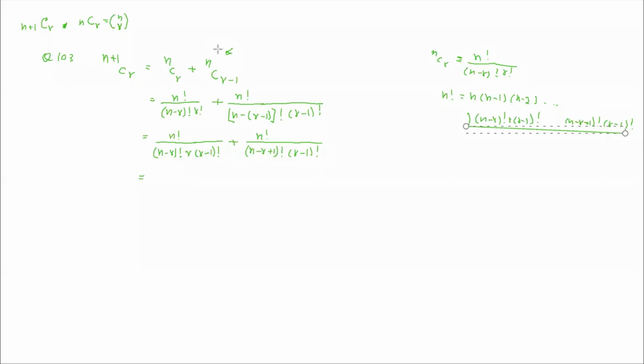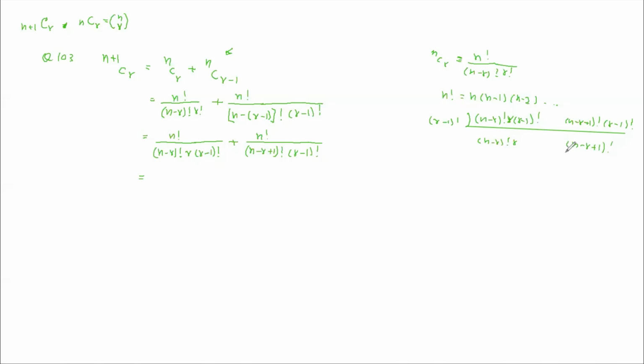Okay, so now you see this. Then we can divide by (r minus 1) factorial the same way. So this divides this (r minus 1) factorial, cancel it out, so we are left with (n minus r) factorial times r. And this one eliminates also, so we are left with (n minus r plus 1) factorial.